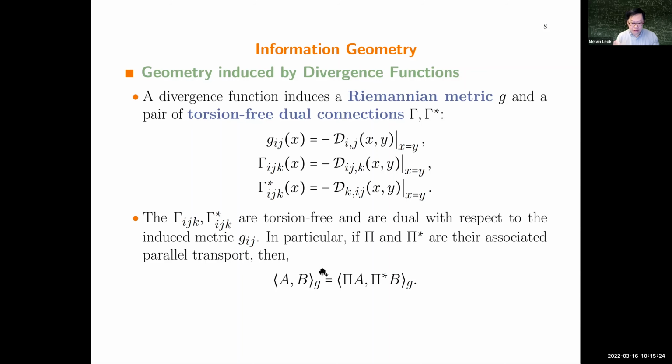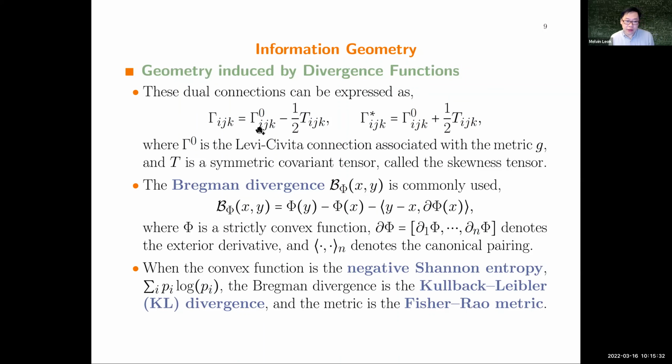Okay, so that's the sense in which these connections are dual to each other. And these dual connections are related to the Levi-Civita connection by the defect from the Levi-Civita connection, which is encoded in what's called the skewness tensor or the cubic tensor, depending on which books you read.